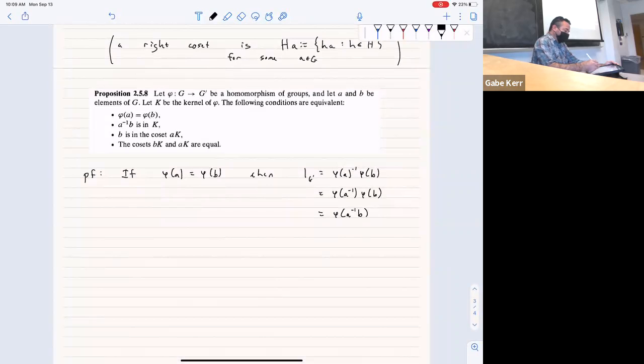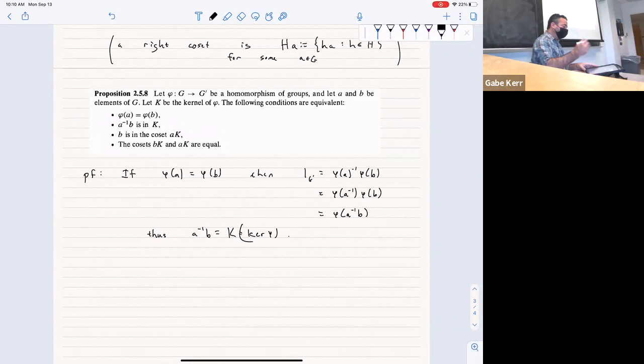And so that implies A inverse B is in K, by the defining property of the kernel. So this is this implication, and you can read through the book to see the others, or you can do it yourself. I would encourage people to sit down and try to prove these implications. They're not hard, but it takes a little time.